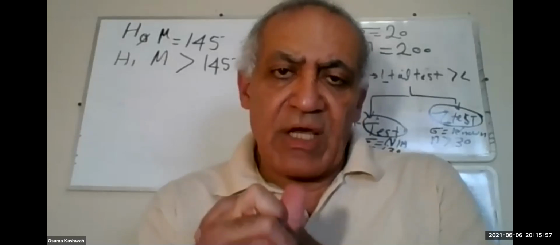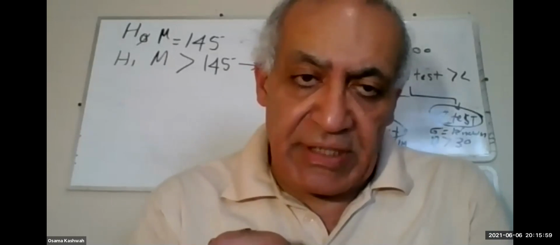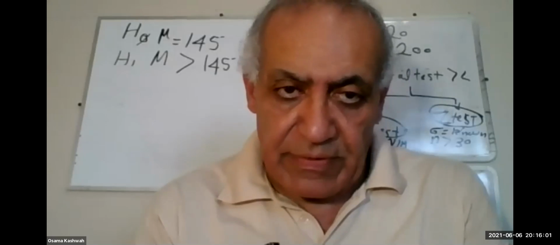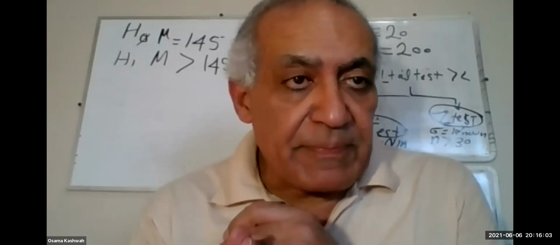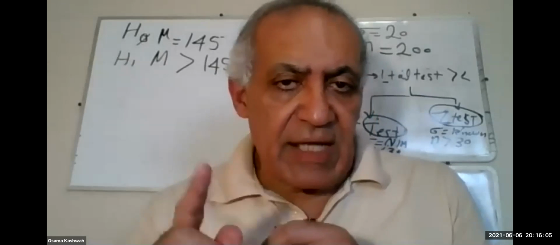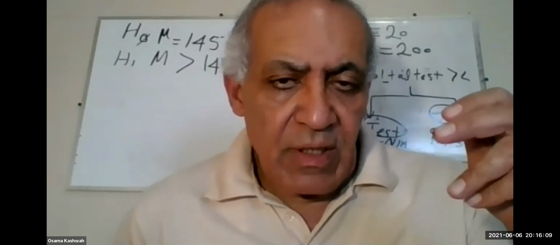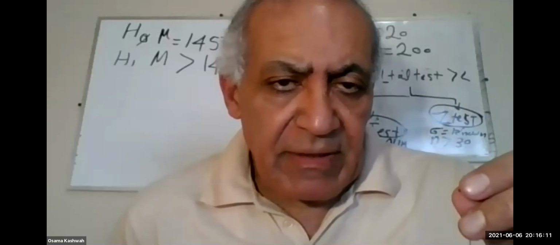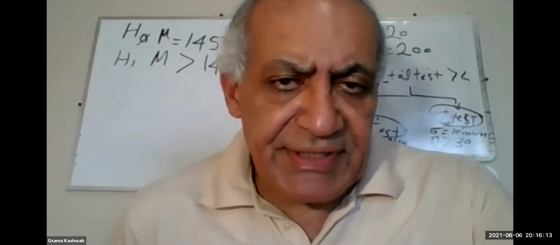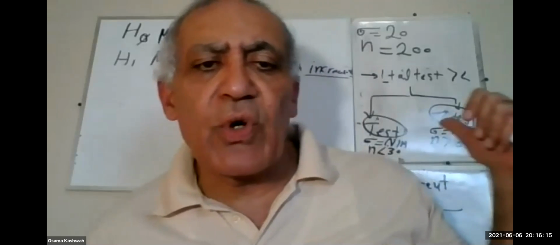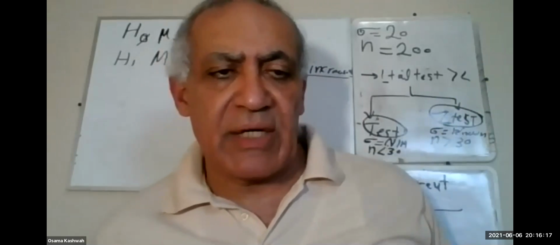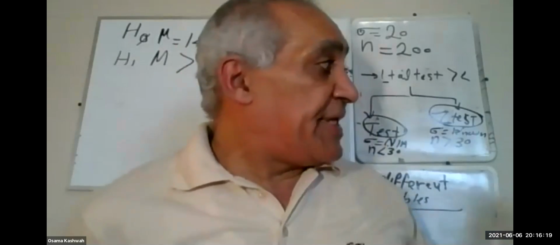Again, if the sigma of the population is known and the sample is greater than 30, then I will go to the Z table.